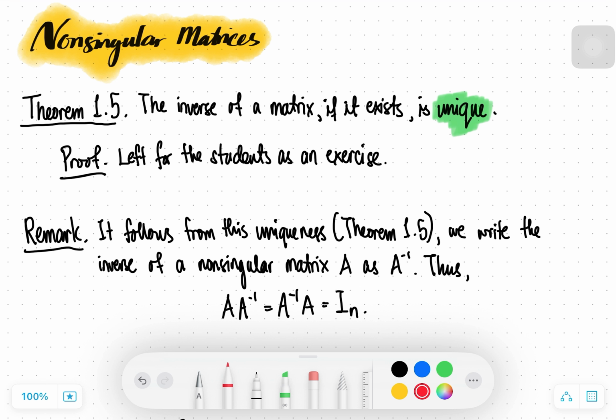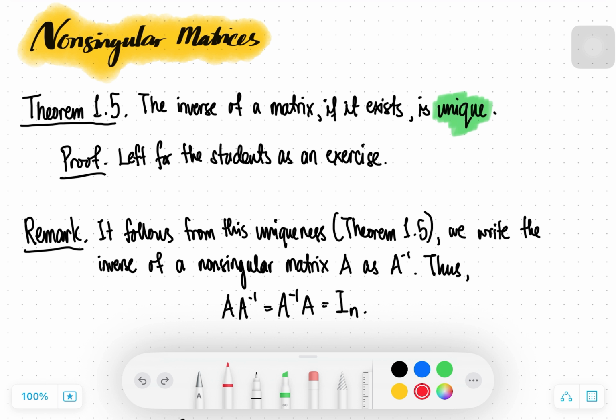So we're now down here in Theorem 1.5, and this theorem tells us that the inverse of a matrix, if ever it exists, will always be unique. So this means that if a matrix has an inverse, it will always be unique.